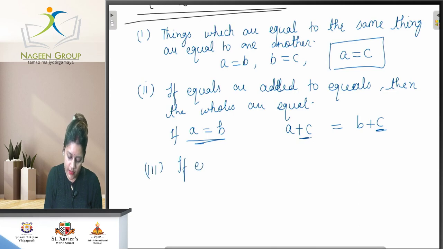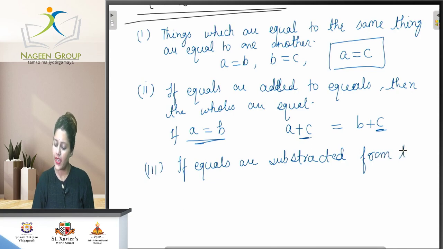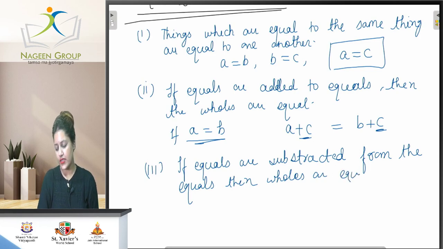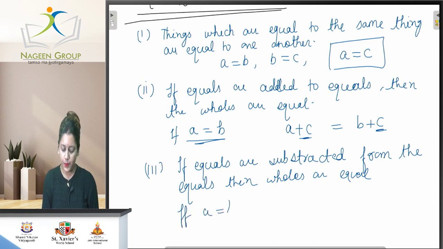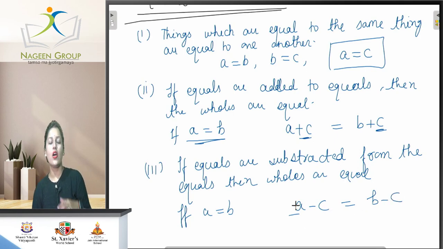Now, third one, if equals are subtracted from equals, then the wholes are equal. Same thing but in the opposite way. If A equals B, then A minus C equals B minus C, meaning A and B are already equal, but if we subtract something from both, then they are also equal in the same manner.